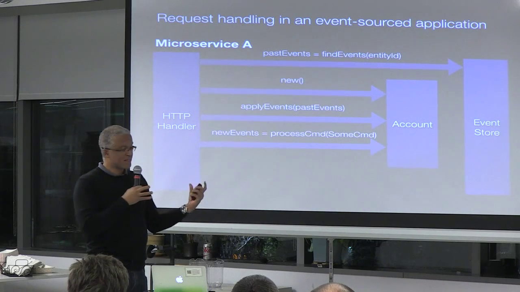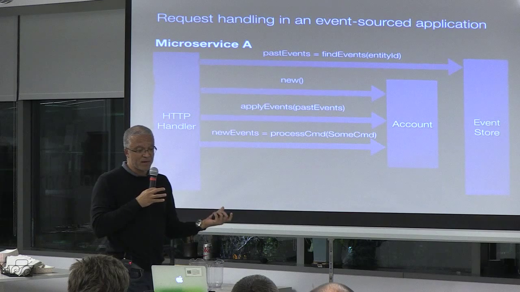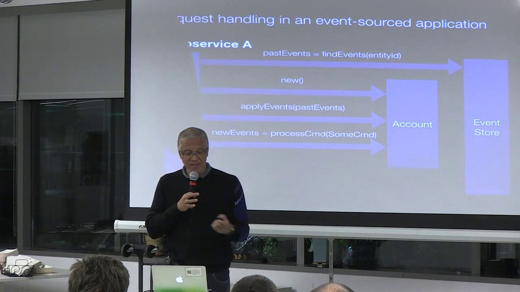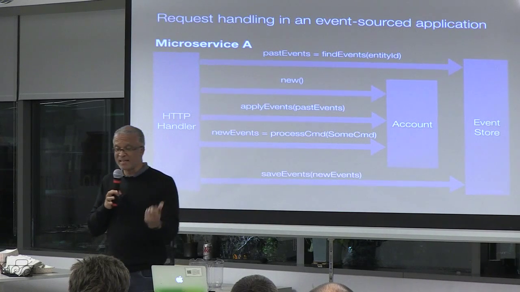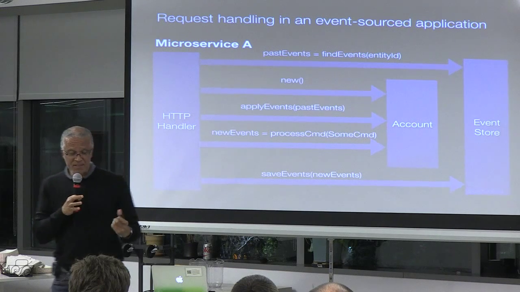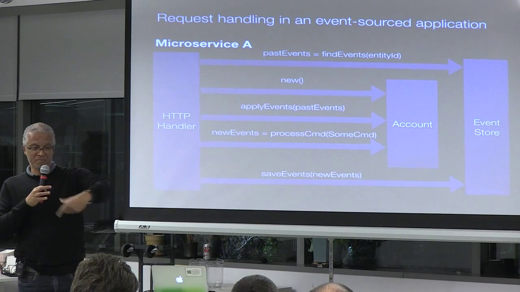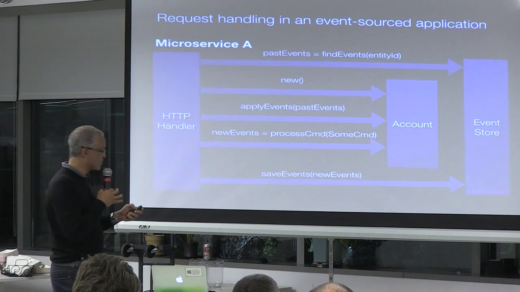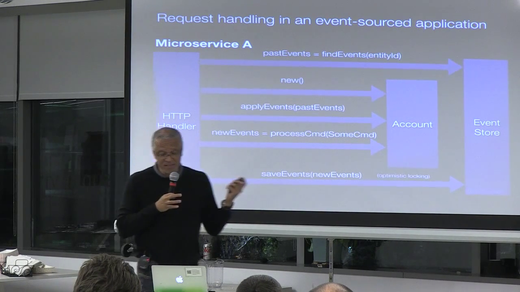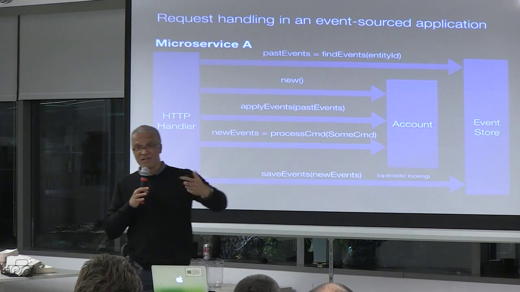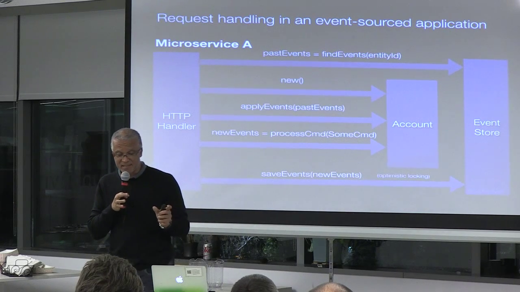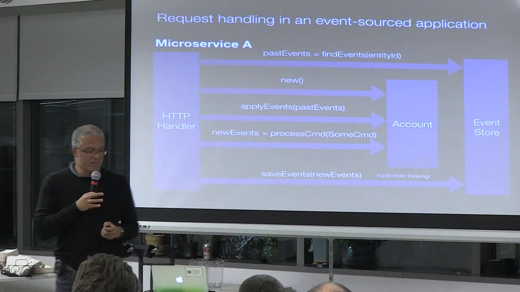Then you process the command that's derived from the request, and that gives you new events, which you then persist back in the event store. So we're loading events, generating new events, and appending them to the entity's events in the event store. And that's done with optimistic locking. So if there had been two concurrent update attempts, only one of them would succeed.